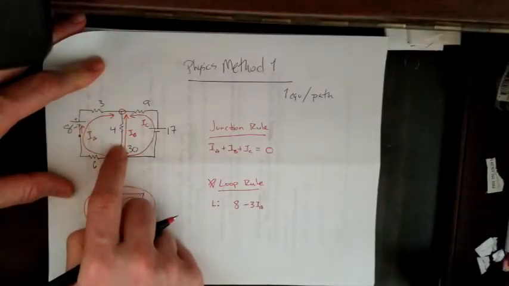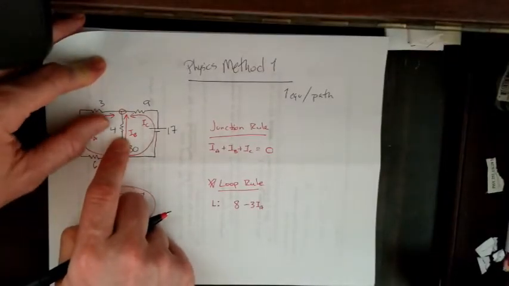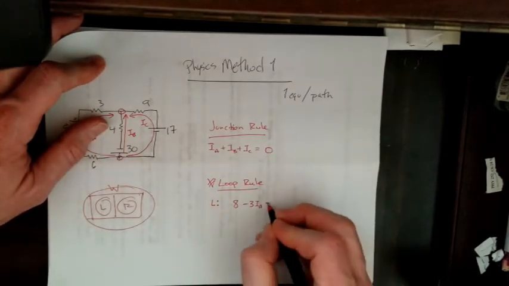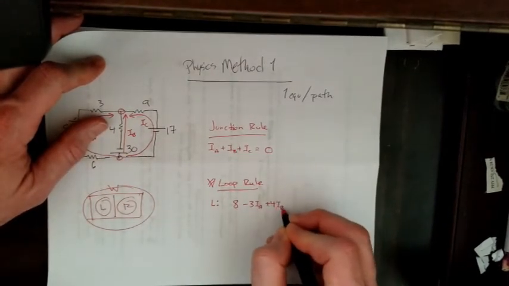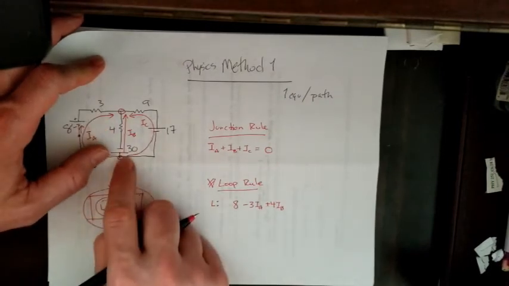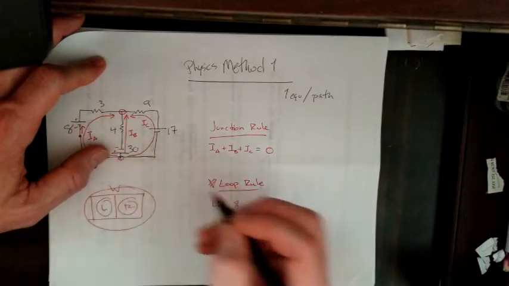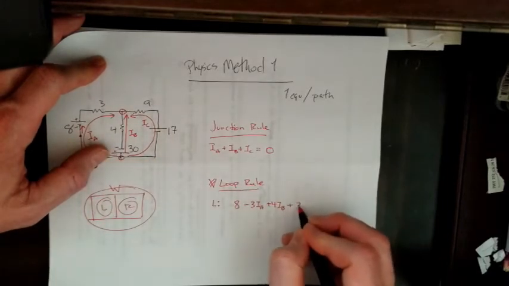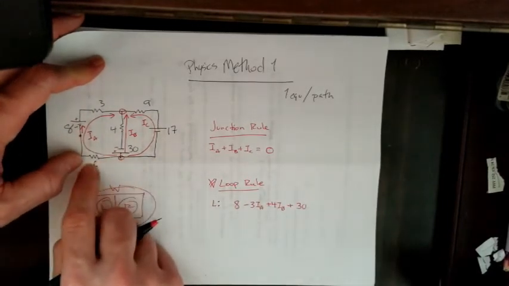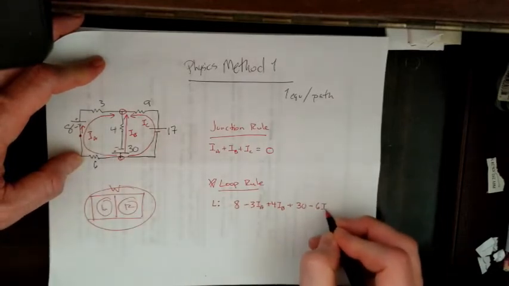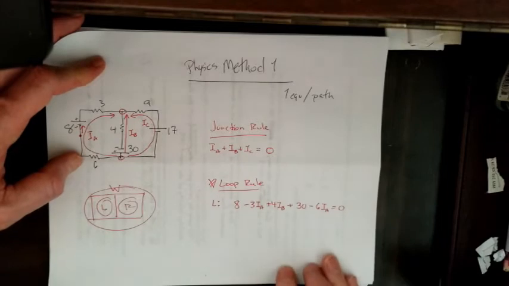Then I'm going down the middle here. I'm going against the current, and if you're going against the current, you're going uphill, so I gain, so plus 4IB. I'm going across this battery from the negative to the positive, so I gain 30. Then I go across the 6 ohm resistor in the direction of the current I picked, so minus 6IA, equal to 0.